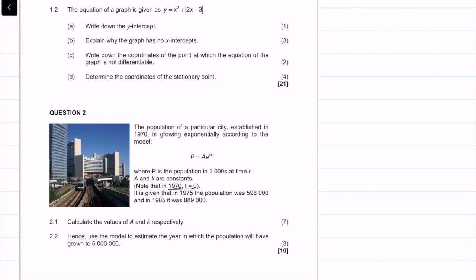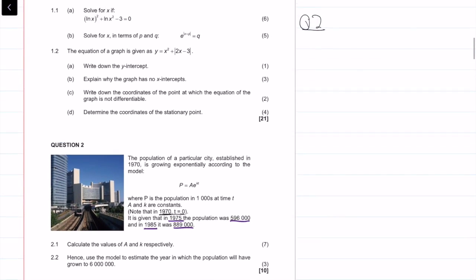It is given that in 1975 the population was 596,000, and in 1985 it was 889,000. Calculate the values of A and k respectively.